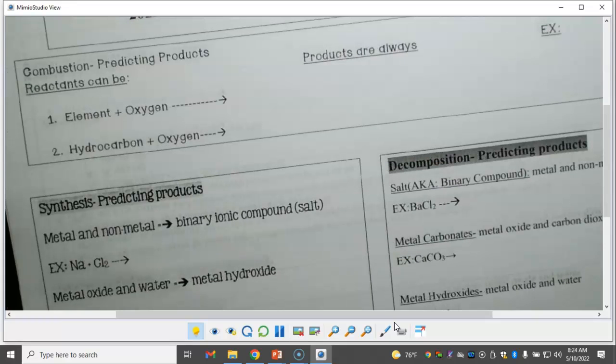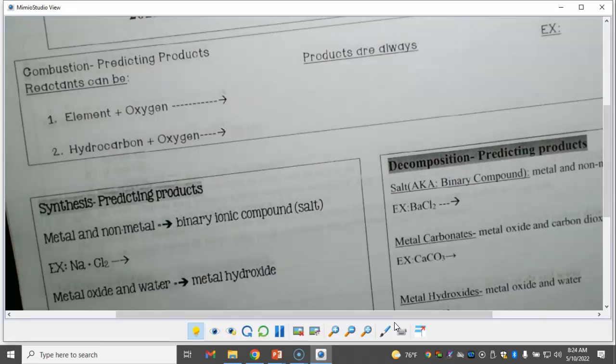When predicting products, you look at the reactants and ask: do I have two ionic compounds? Do I have oxygen combining with a single element? Do I have one single reactant? So we look at the reactants and try to figure out what's made. That's what you're going to do in the lab.